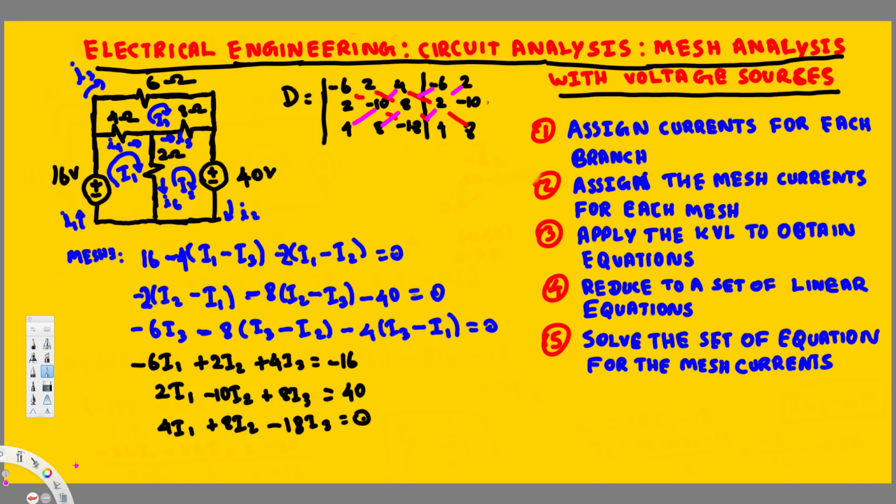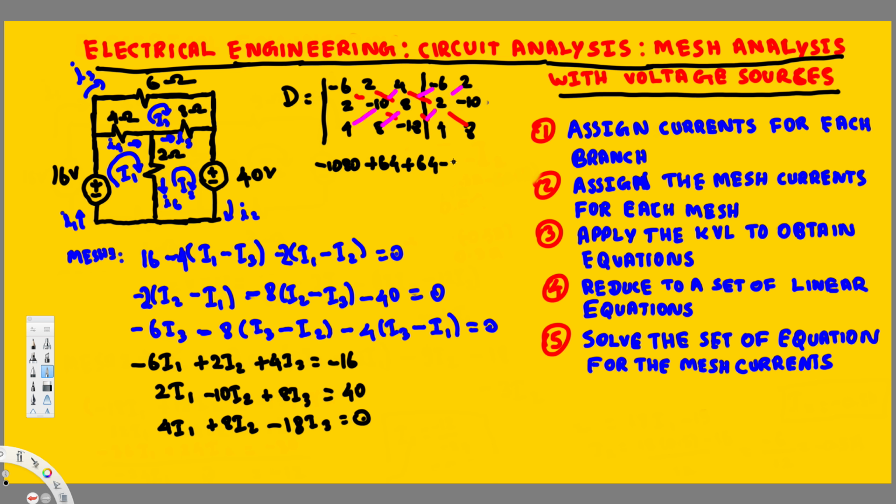And if you cross the first one, negative 6 times negative 10, positive 60 times negative 18, if you multiply you will get minus 1080, right? And the second one, you're going to have 2 times 8, that's going to be 16 times 4, plus 64. And then we have 4 times 2, 8, 8 times 8, again 64.